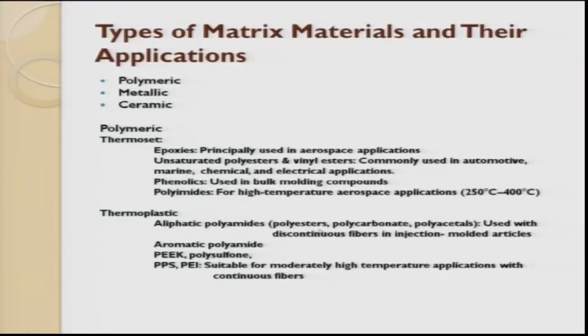So these are predominantly used for the injection molding process, where you will not have continuous fibers. When we talk about manufacturing, we will talk about what happens with continuous fibers and what happens with discontinuous fibers. So kindly make a note here that aliphatic polyamides, polyester, polycarbonates and polyacetate are used for discontinuous fiber reinforcement through the injection molding process.